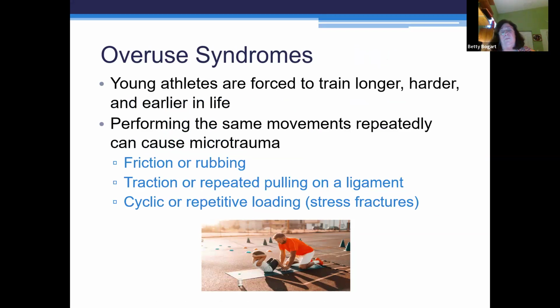Overuse syndromes. When the Olympics comes around, I always think about these young girls in ice skating and gymnastics and all of those outdoor track and field events. I mean, how much have they pushed their bodies, right? They are expected to train longer and harder.